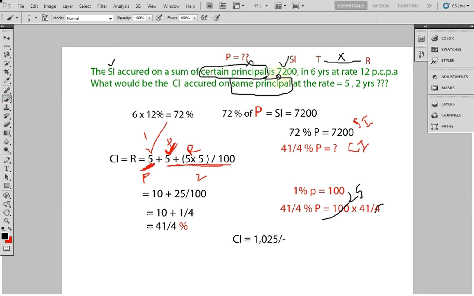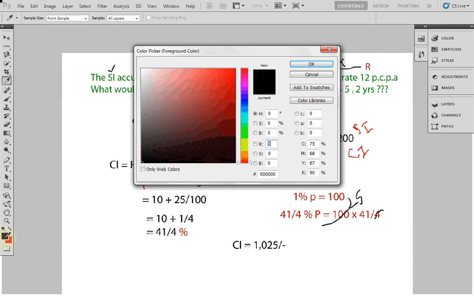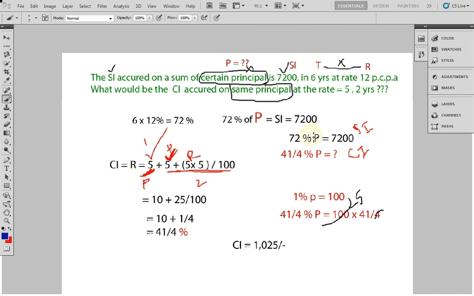Simple interest here given is 7200. If 72% of principal is equal to 7200, what will be the 1%? 1% of principal will be 100.